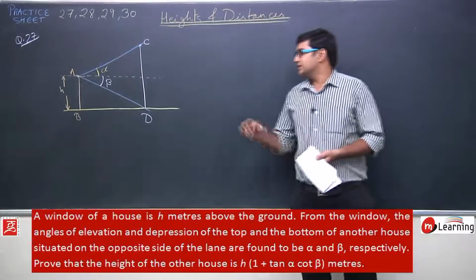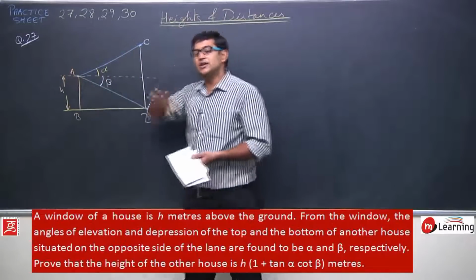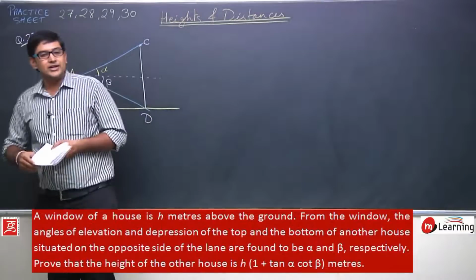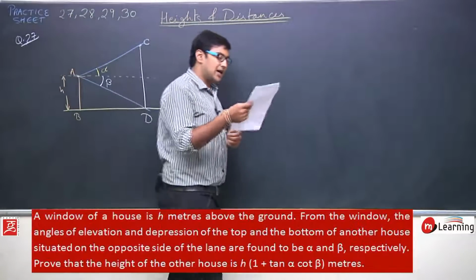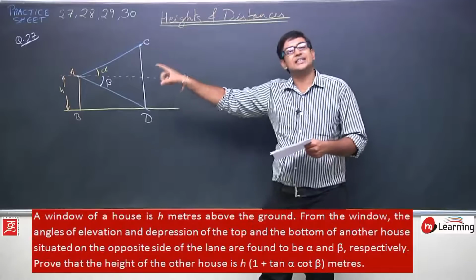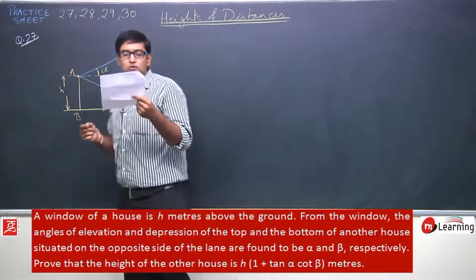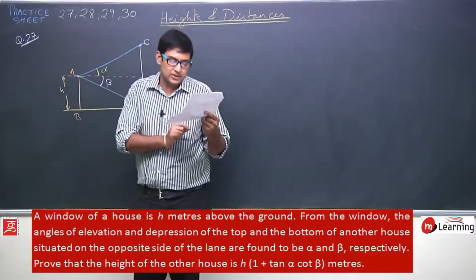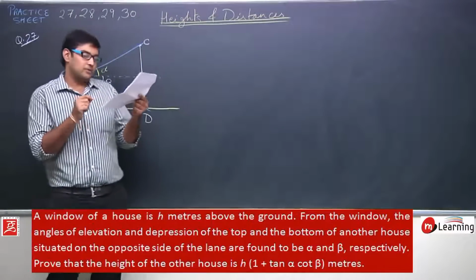So this is what the question says. I am observing this building from this window, which is h meters above the ground level. Now what is my task? My task is to prove that the height of the other house, CD, is h times (1 plus tan alpha cot beta) meters.